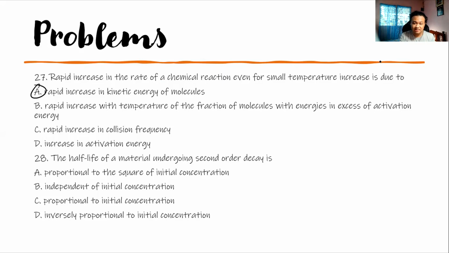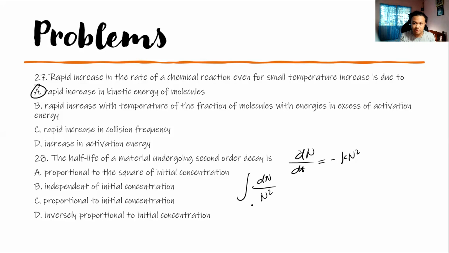Letter number 28. The half-life of a material undergoing second-order decay is proportional to the square of the initial concentration, proportional to the initial concentration, or inversely proportional to the initial concentration. Let's solve this. We have dN over dt, and it's second order, so proportional to the square: dN over dt equals negative k N squared.